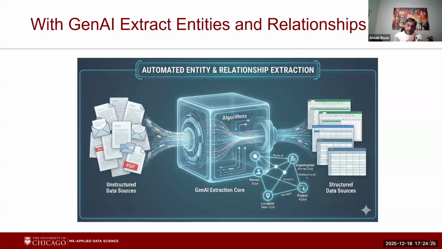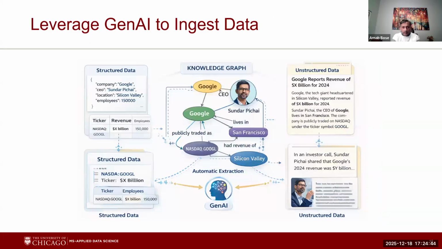So you can ingest unstructured data sources as well as structured data sources into a GenAI engine, and then ask that engine to generate a graph database, or at least the code to load it into a graph database. And an example of that would be, you can see this example. It's a Google-based example. It's about the CEO of Google. You have structured data on the left.